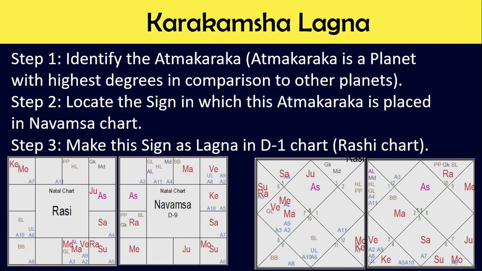Now locate the sign in which this Atmakaraka is placed in the Navamsa chart. So in Navamsa, Venus is placed in Gemini. Make this sign the Lagna in the D1 chart. So in D1, Gemini is the Karakamsha Lagna.